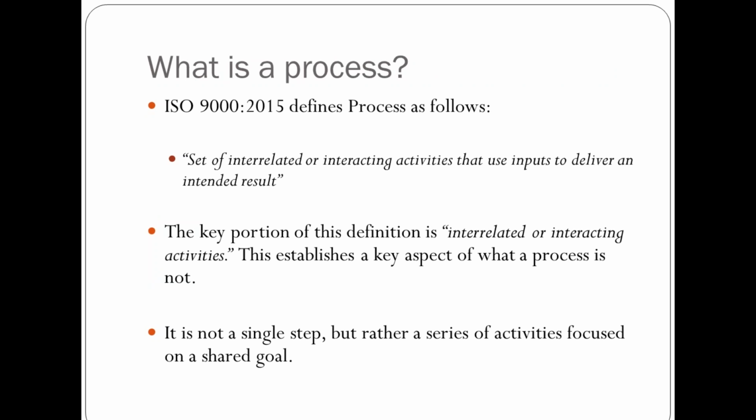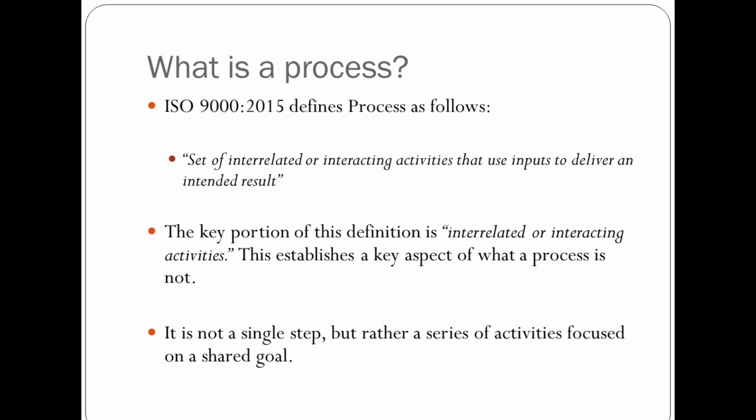So what is a process? How is process defined? There is an official definition that is given in the ISO 9000 document. That is the Fundamentals and Vocabulary Standard, where it states that a process is a set of interrelated or interacting activities that use inputs to deliver an intended result.